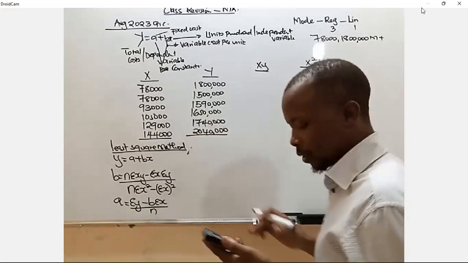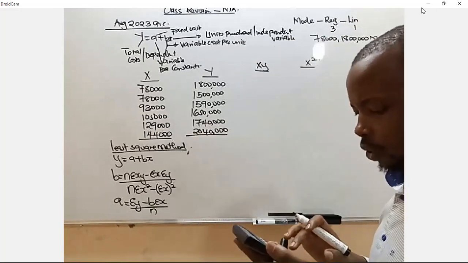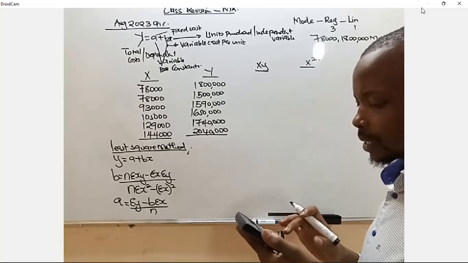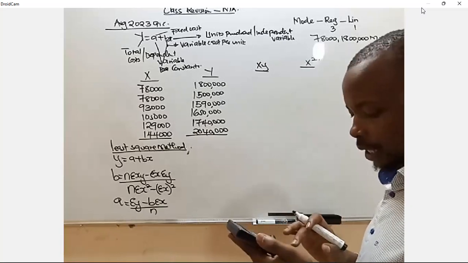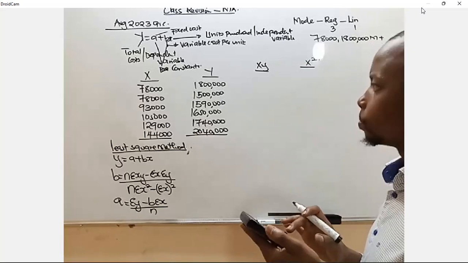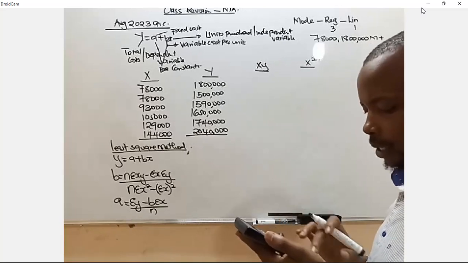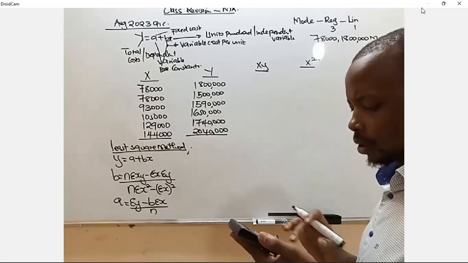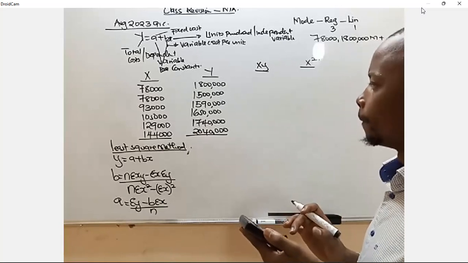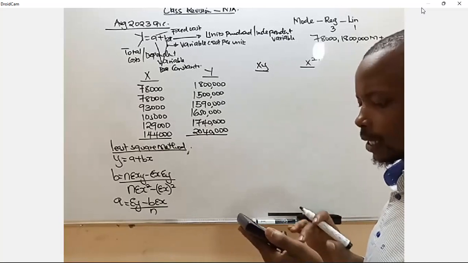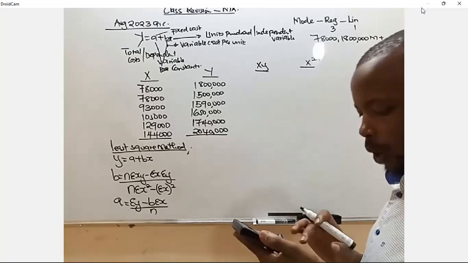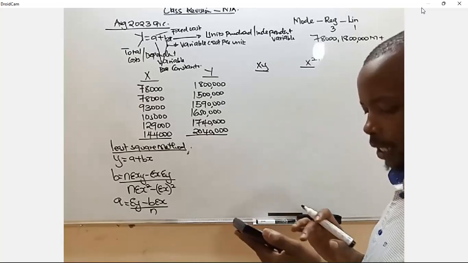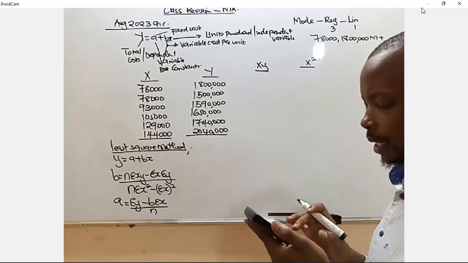You go to the second one, which is 78,000, comma, 1.5 million, M plus, correct? 93,000, comma, 1,590,000, M plus. 105,000, comma, 1,650,000, M plus. 129,000, comma, 1,740,000, M plus.